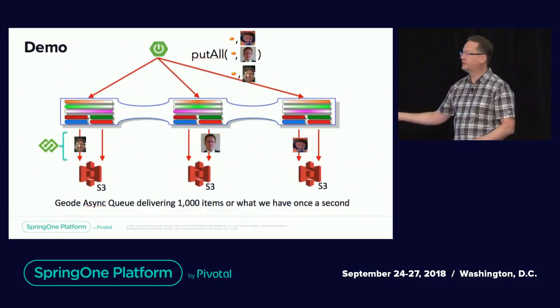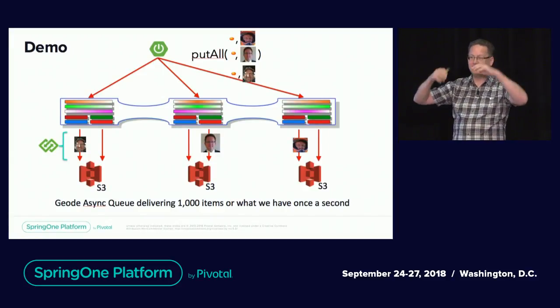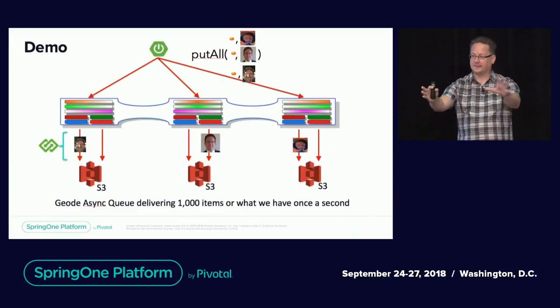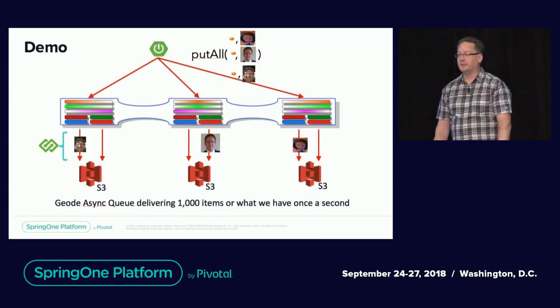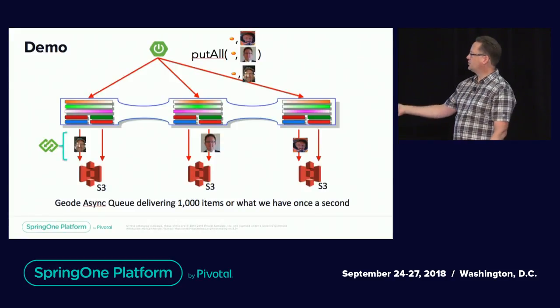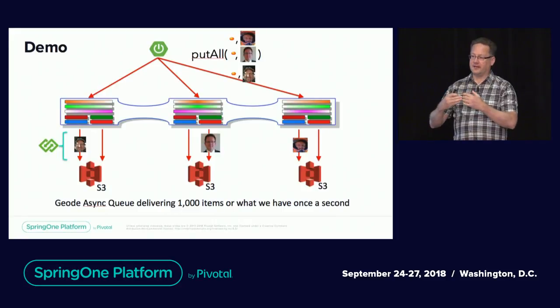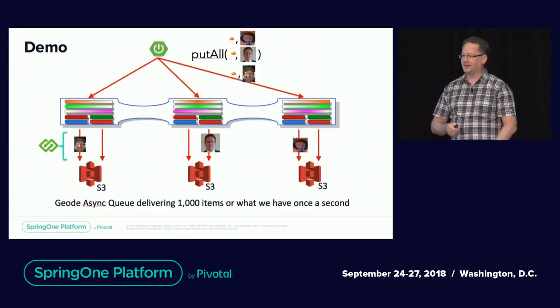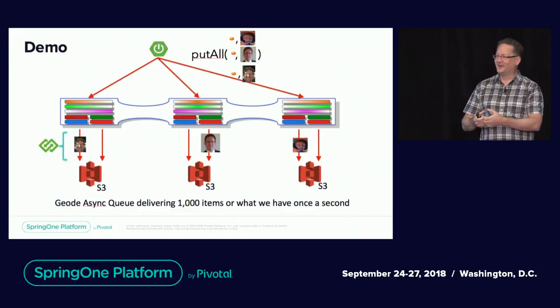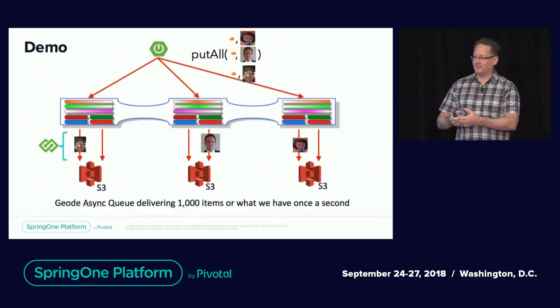So I can get really high throughput, maybe hundreds of thousands, if not millions of transactions per second happening on the grid, conflating it and batching it out to Kafka. That would be a really good use case. You're still saving that in-memory speed for your application, especially when we're talking about web and mobile. Nobody wants to wait for that button click.